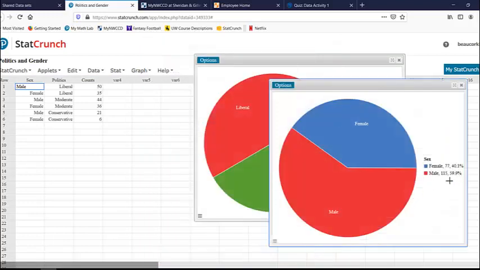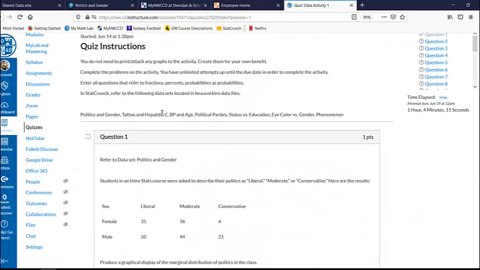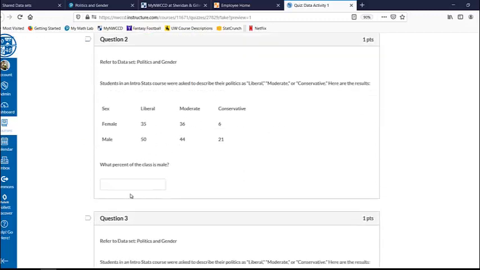And oh look, 115 out of the total, which is 192, which gives us 59.9%. As a note, enter all questions that refer to fractions, percents, probabilities as probabilities. So that means enter this as 0.599.